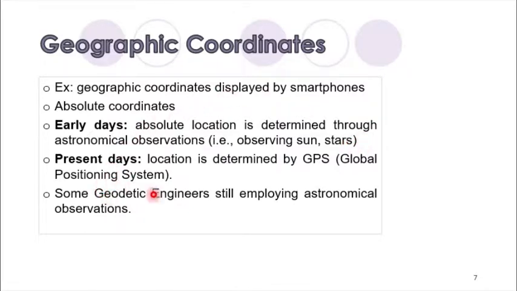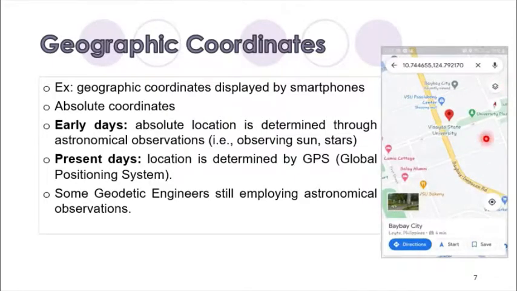In present days, due to the influx of the global positioning system, geodetic engineers rarely conduct solar observation. We rely on GPS now, but some geodetic engineers still employ astronomical observations.